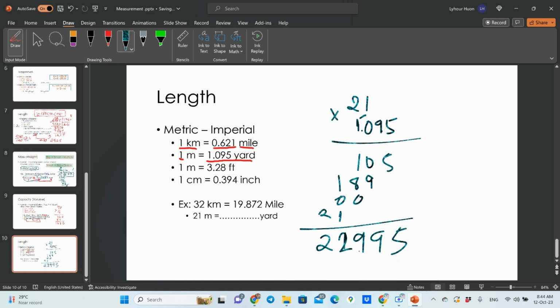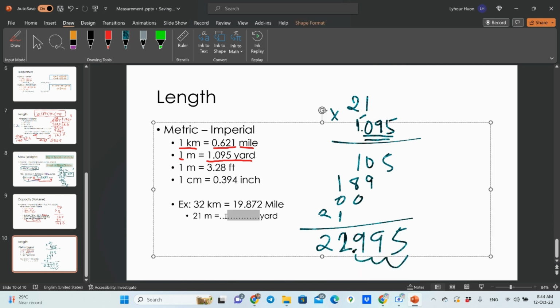But not yet the answer because we have decimals, right? We have three digits after the decimal. So looking back, it's 22.995. So it's almost like 23.